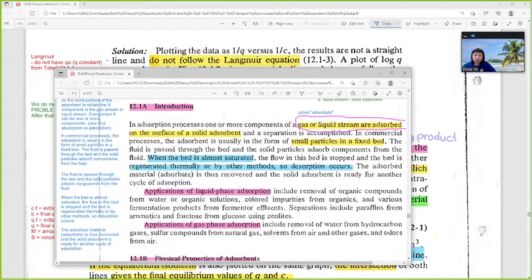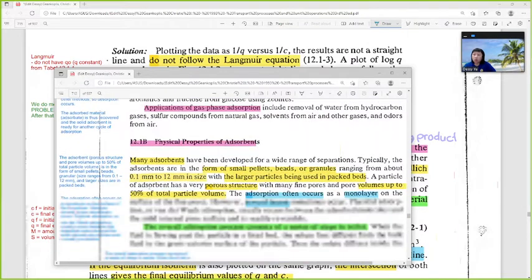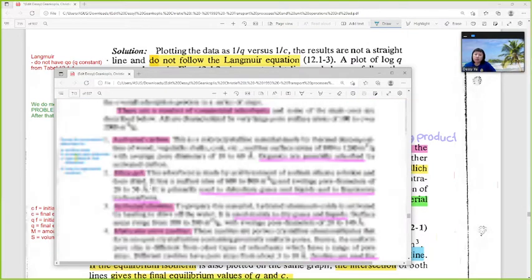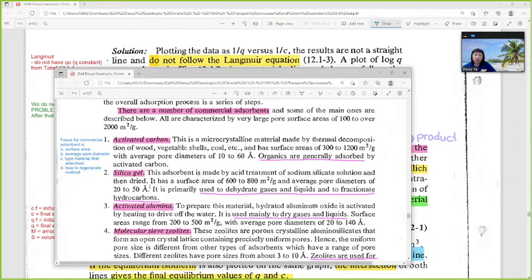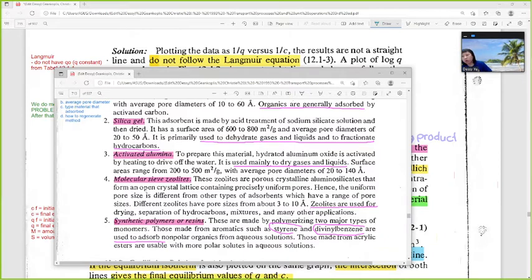Solid absorbents have physical properties, and we know the commercial absorbents such as activated carbon, silica gel, activated alumina, molecular sieve zeolite, and then synthetic polymer or resin.